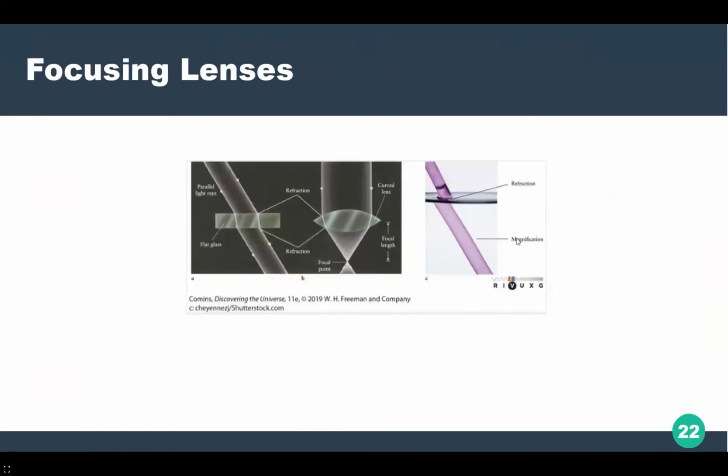Going back to lenses rather than mirrors, we see the refraction of light going through a different material on the diagram on the left, where as light bends through a rectangular prism of glass, it actually bends and then comes out at a different angle.